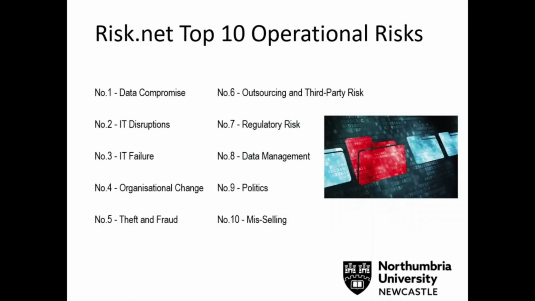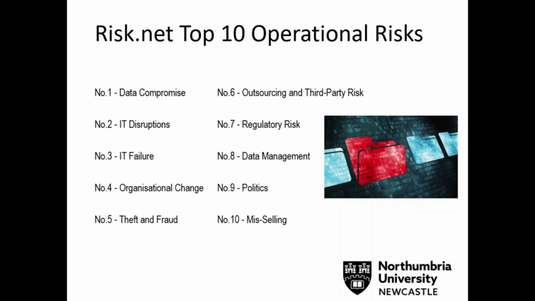Now, I have covered a lot about the 7 different loss types demonstrated by the BIS, but on an annual basis, Risk.net provide the top 10 operational risks facing the banks moving forward from that year or into the next. And what you'll see here really is a heavy link to IT.